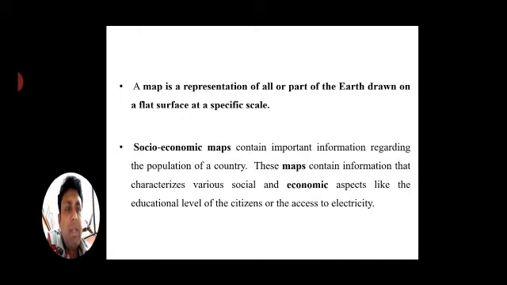These maps contain information that characterizes various social and economic aspects like education, health, electricity, and many other human components.